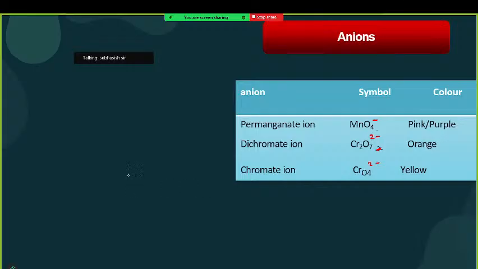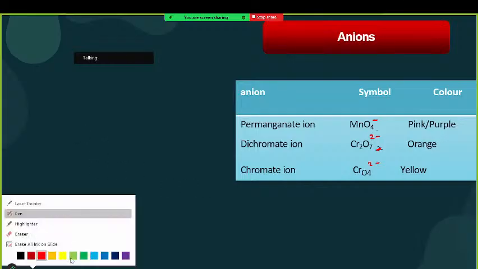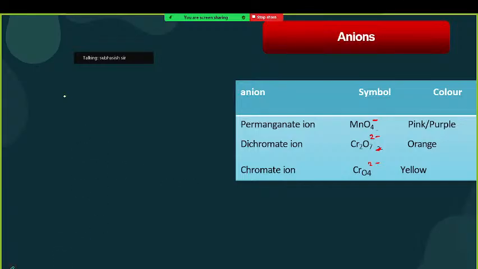Let's take an example like this. Take ammonium. Previously we considered that this is colorless. Also we considered that chloride is colorless. Now ammonium chloride will also be colorless.